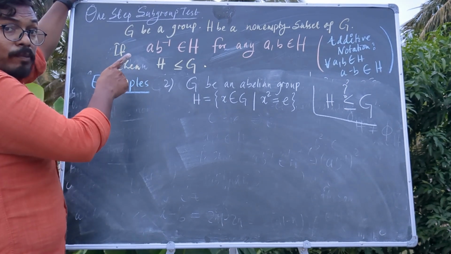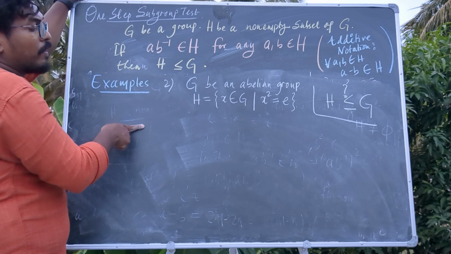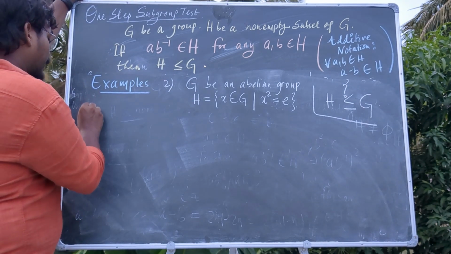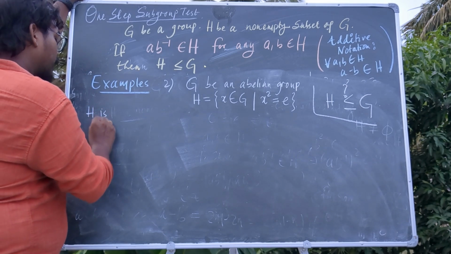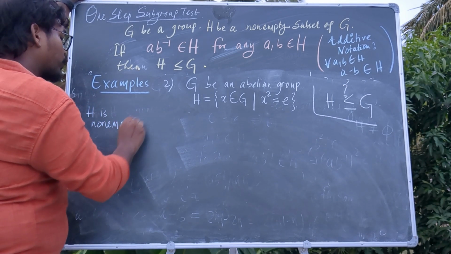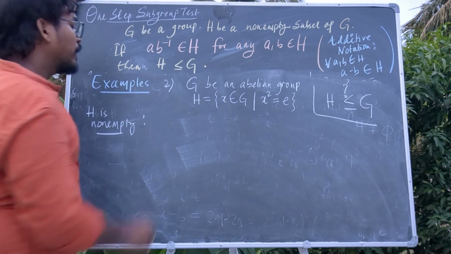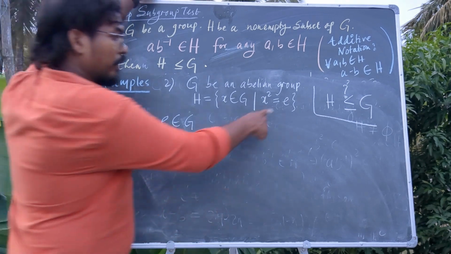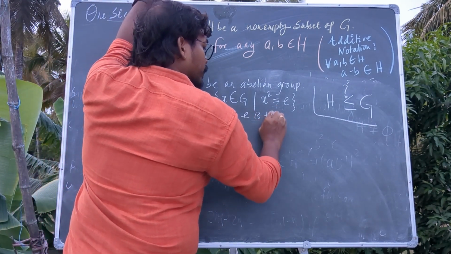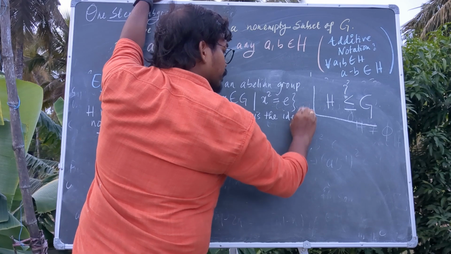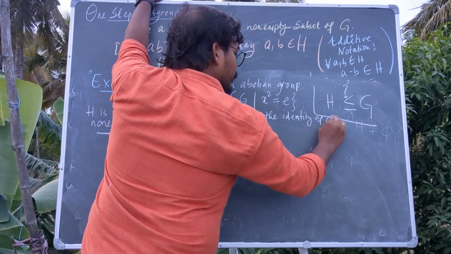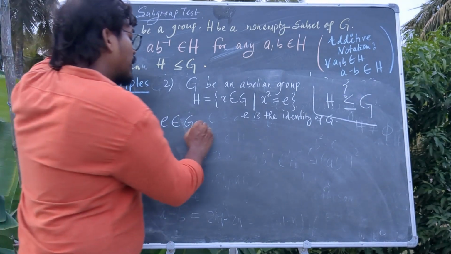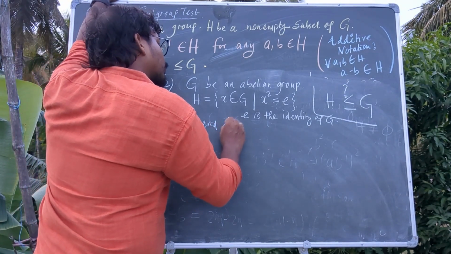We will use the one-step subgroup test, which says H should be non-empty first, then we will apply the second condition. H is non-empty. We have to show this first. Here e is the identity of G. The identity belongs to the set G and its square is e.